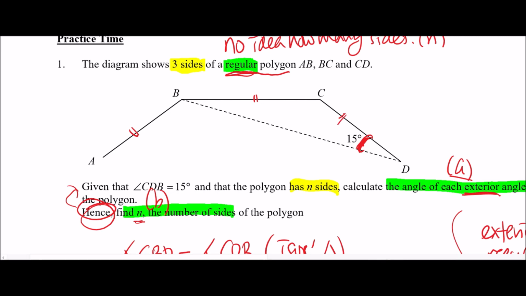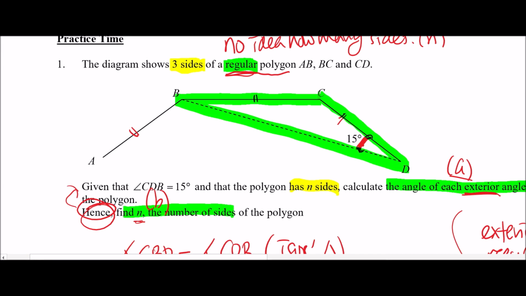Do you agree? Now, once we have this, can you see that we have an isosceles triangle now? So do we have another angle? Yes, this is also 15 because of the isosceles triangle. So from here, we are able to calculate this, which is 150 degrees.